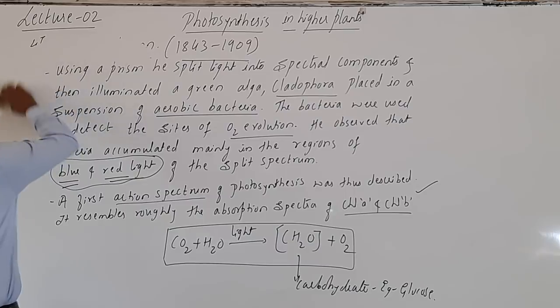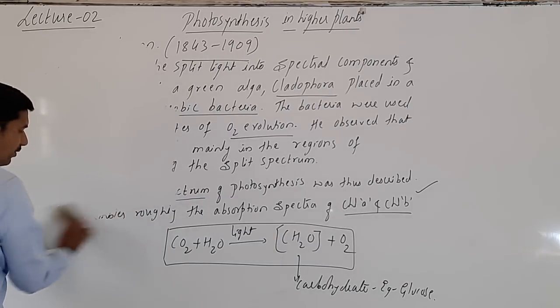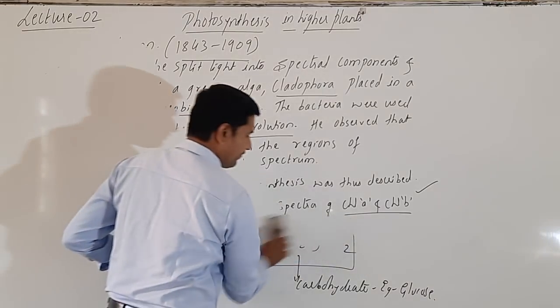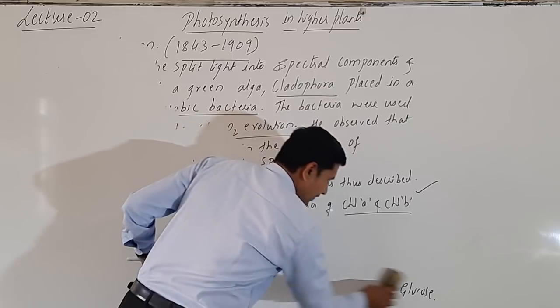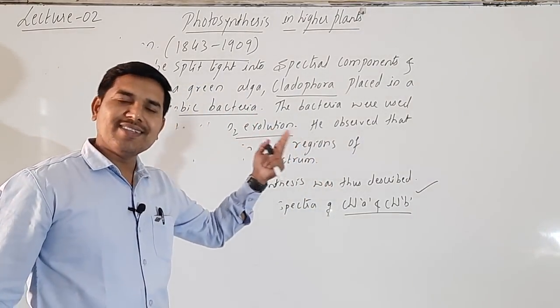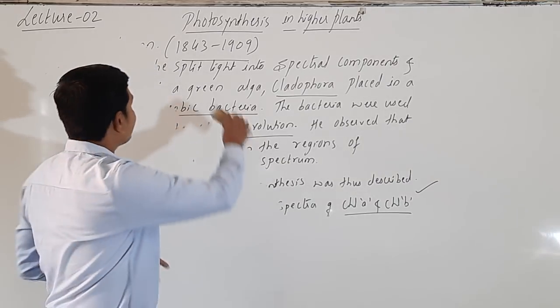Engelmann experiment. Now, let us go to the fifth experiment, where we used to call them early experiments for the process of photosynthesis. Now, to write these characters, just pause the video, rewind it, and write the characters.